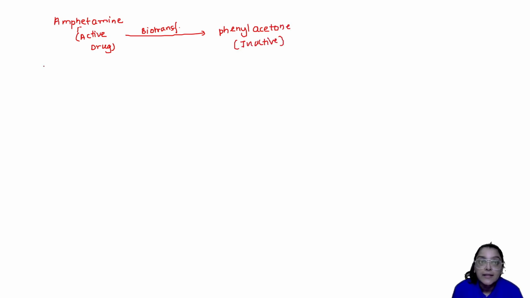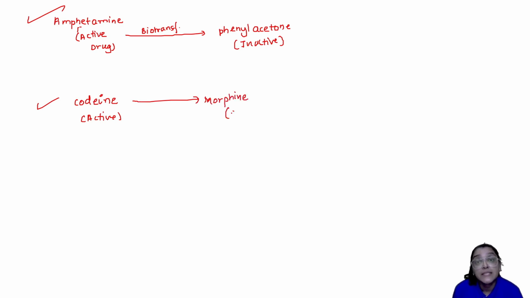This is an important example. Second one is codeine. Codeine is an active drug. After biotransformation, it is converted into morphine, which is yet another active metabolite.